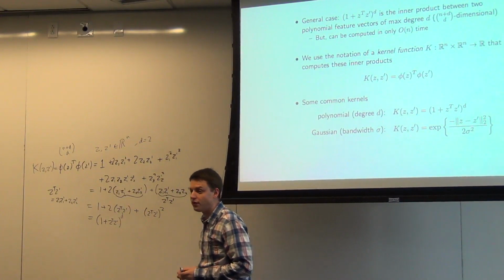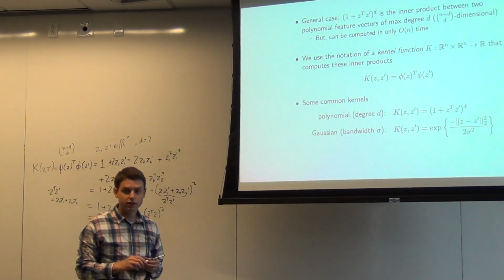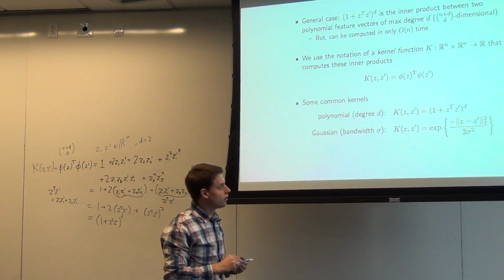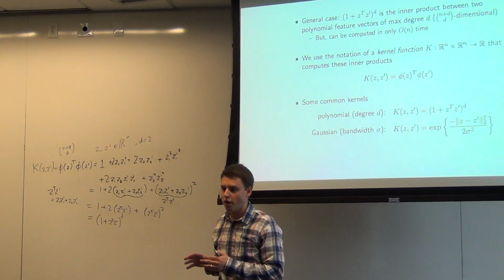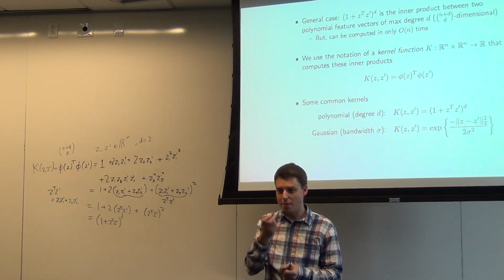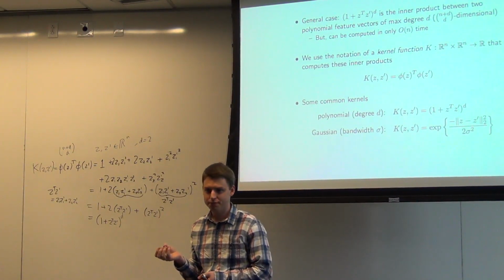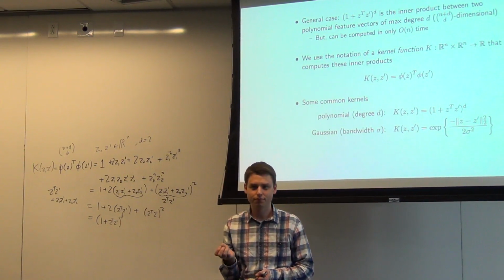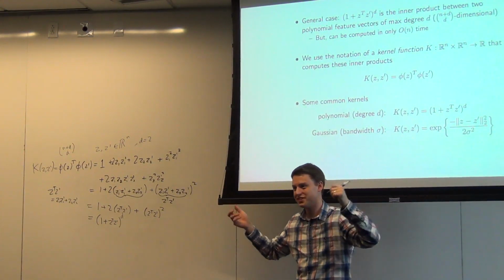It turns out that this kernel function is equivalent to the inner product between two RBF features, where those RBF features are infinite dimensional, and they have a mean placed at every single point in space. That's what this actually is doing in some interpretations.